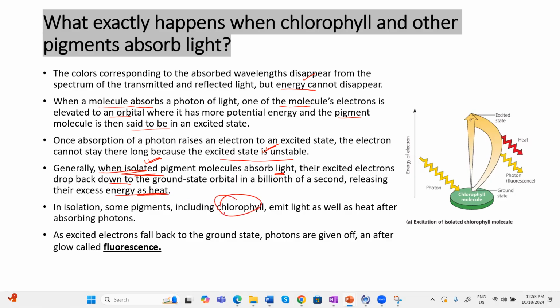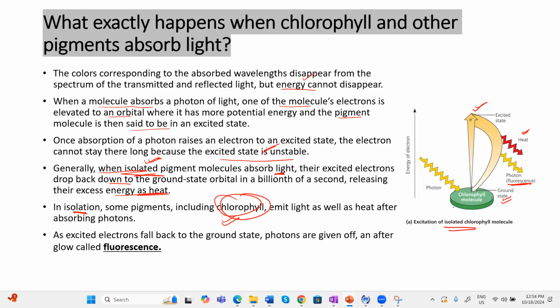But when the chlorophyll is in isolation, it will emit not only heat, it will emit light also, which is known as fluorescence. You can see here, in isolated chloroplast, when the electron comes back from the excited state to the ground state, not only is heat liberated, excess energy is liberated in the form of fluorescence also. It is in the isolated state.